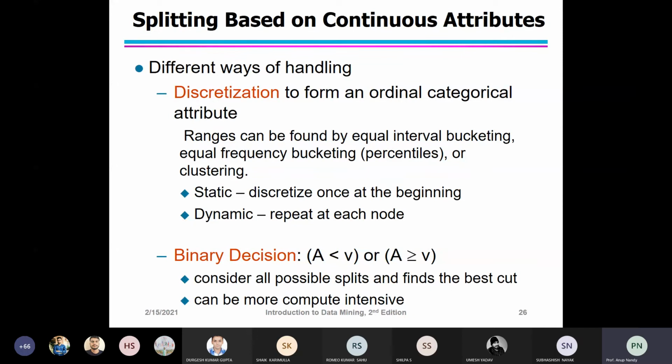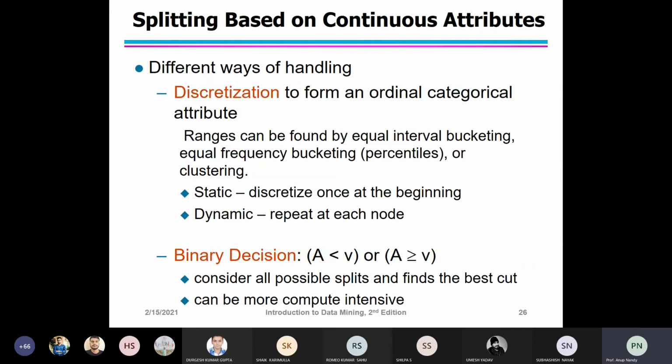After discretization, a new ordinal value will be assigned to each discretized interval.